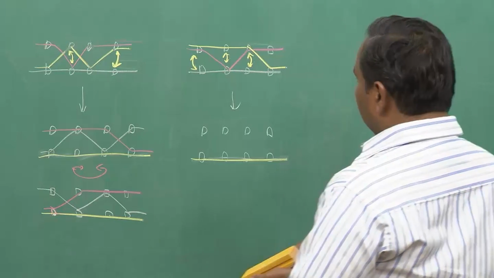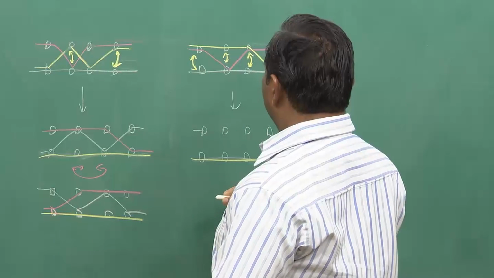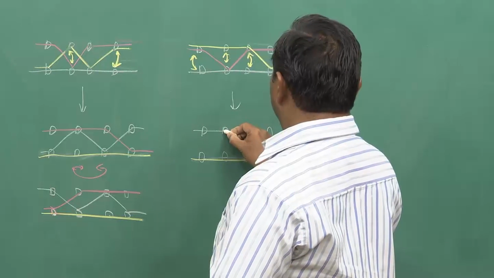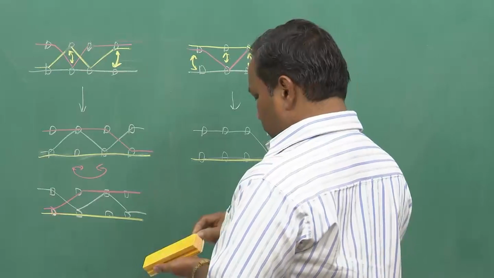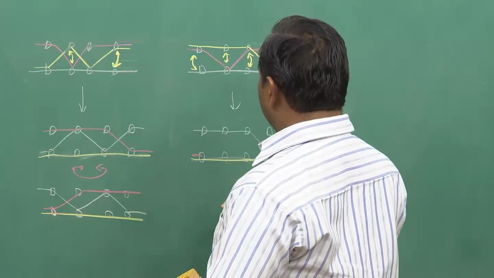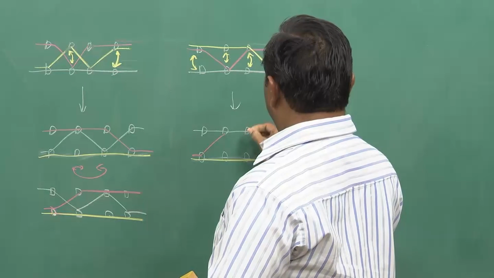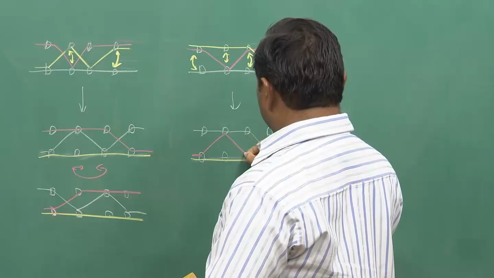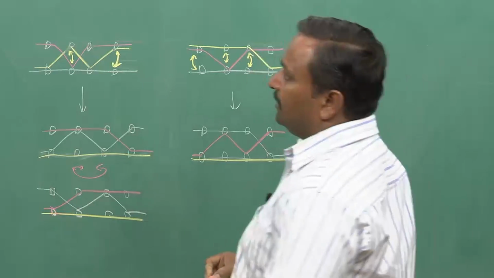So, once I do it, what happens to the white? White actually is coming from the top now, going to the top, remains going on to the top and then coming down. And what happens to the pink one? Pink one starts from the bottom, goes up, then goes down and then goes up again.